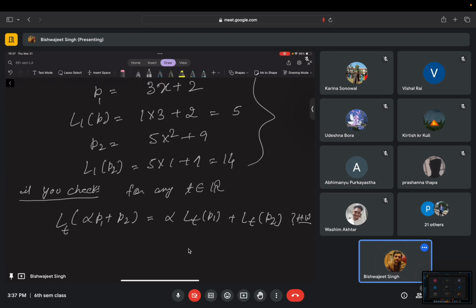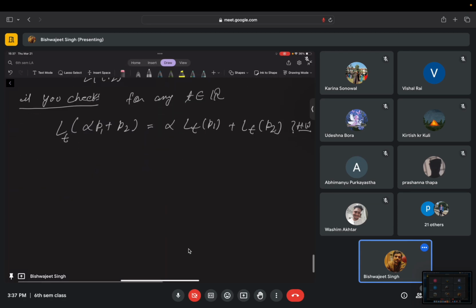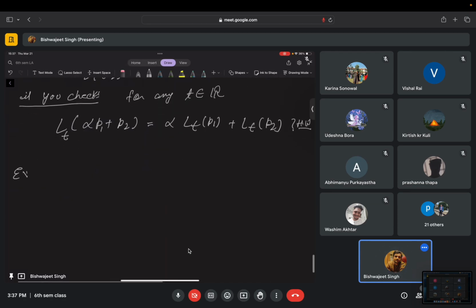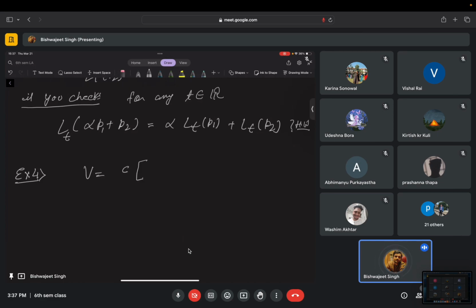Then yeah, let us have one more example, example 4. This time I'll take V as the set of all continuous functions on the interval 0 to 1.